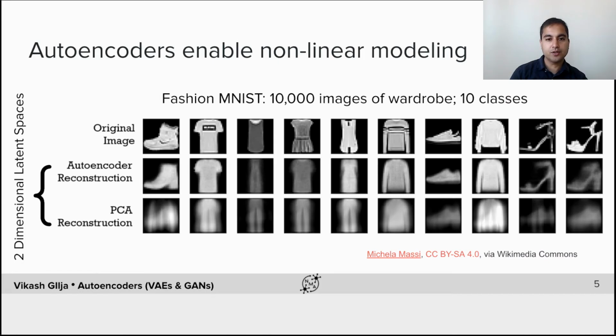And the second, the bottom row, uses PCA. We can clearly see that the autoencoder representation provides a much more faithful reconstruction of the original images. And here, the latent space has the same dimensionality. The major difference is the nonlinearity that's part of the model.